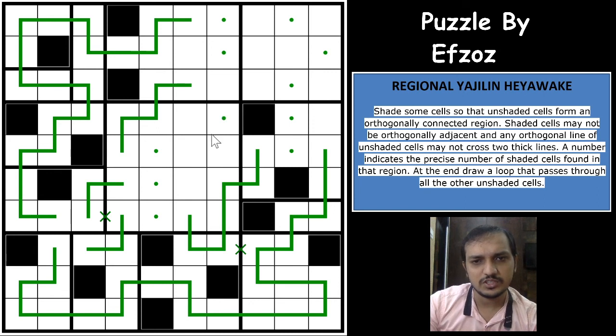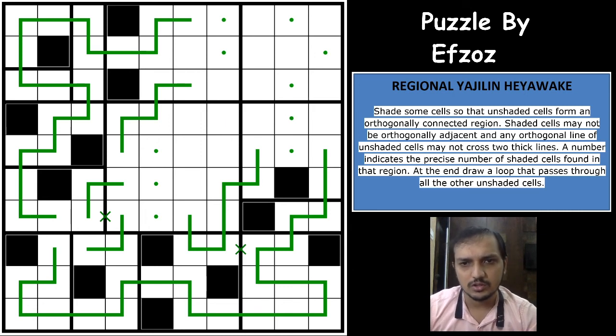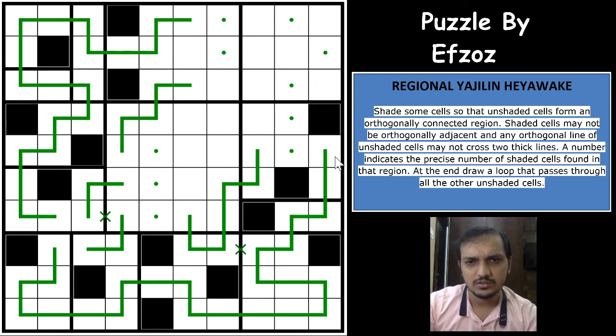So if you have this cell as a shaded cell, possible. Okay, let us see. Okay, one of these two cells again would have to be a shaded cell. Can it be this cell? Possible. Unable to see.